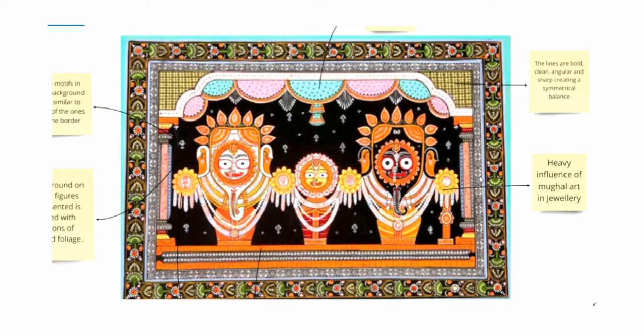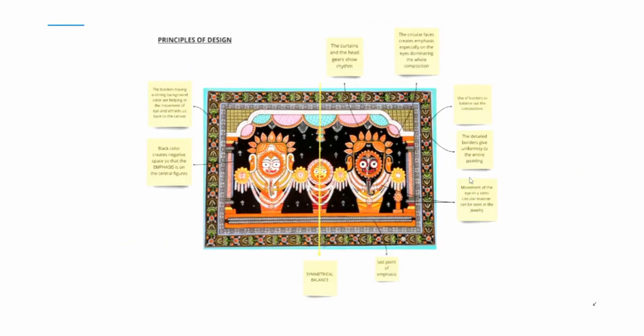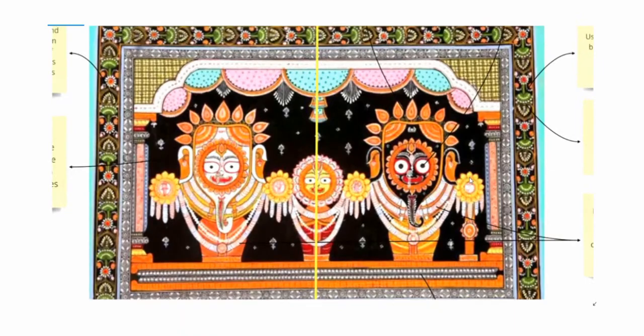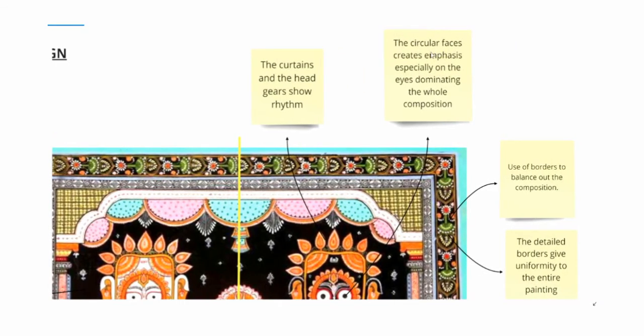Now, moving to the next topic, which is the principles of design, we can see that the curtains and the headgears both show a rhythm as they are equal in proportion and with equal gaps. The circular faces create emphasis, especially on the eyes, dominating the whole composition.